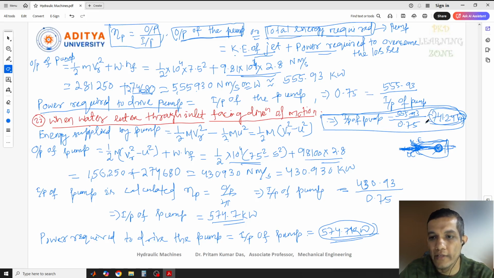Okay, this is for when the water enters at this side, but this power required is for when the water enters at the other side. That's why I have taken these two conditions in the same problem, to identify how much power is required to drive the pump, or to drive the ship actually. Okay, I hope you understand this problem.